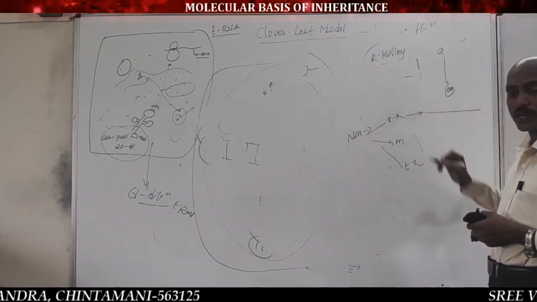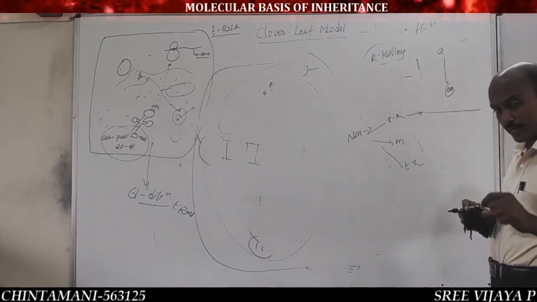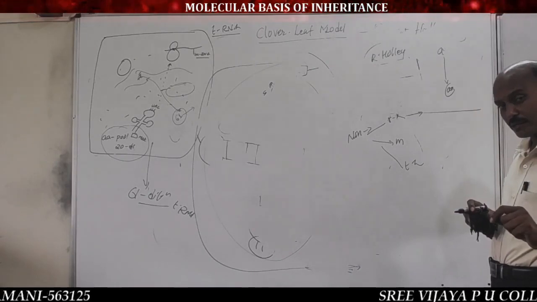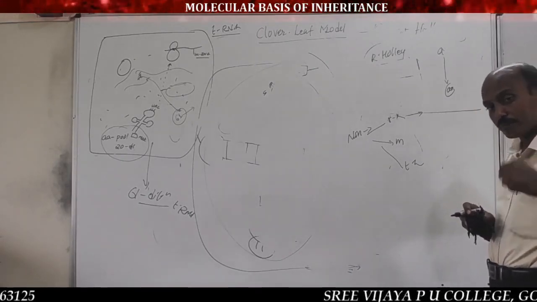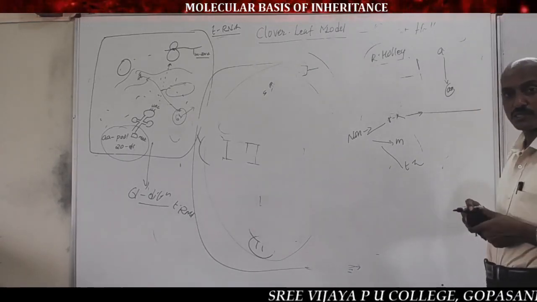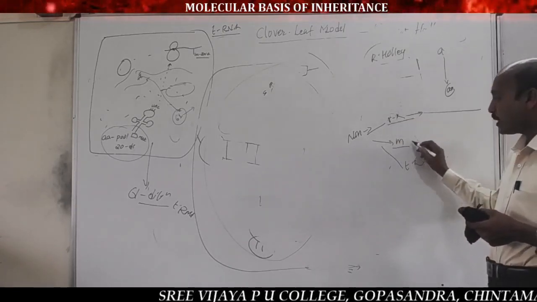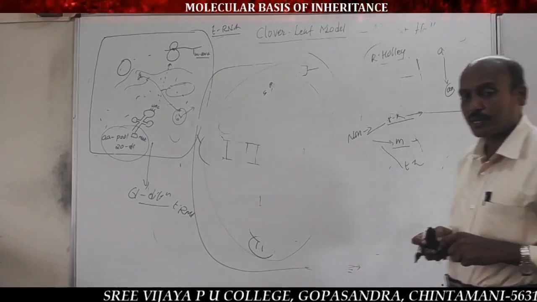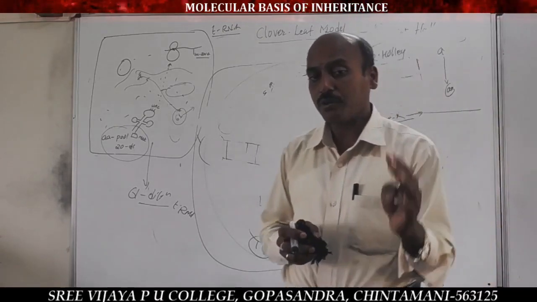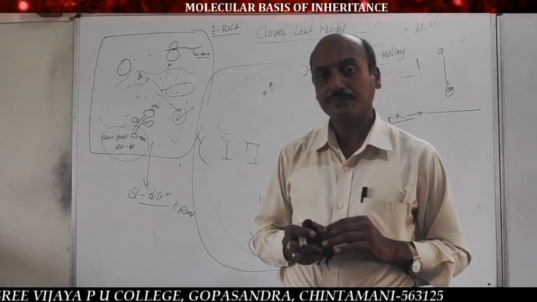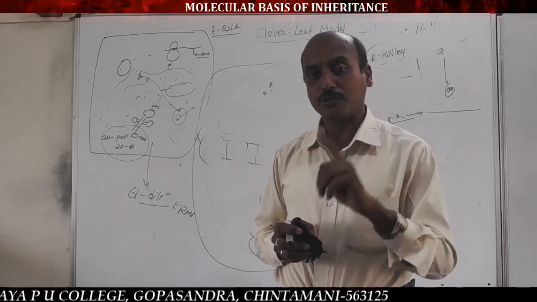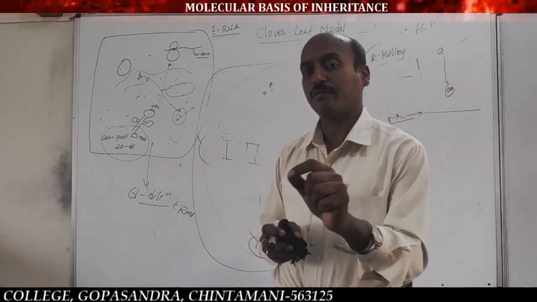Function of rRNA: it provides an attachment site to the tRNA and mRNA during protein synthesis. Function of mRNA: it carries the genetic message from the nucleus to the cytoplasm, or from DNA to the ribosomes, in the form of codon language.